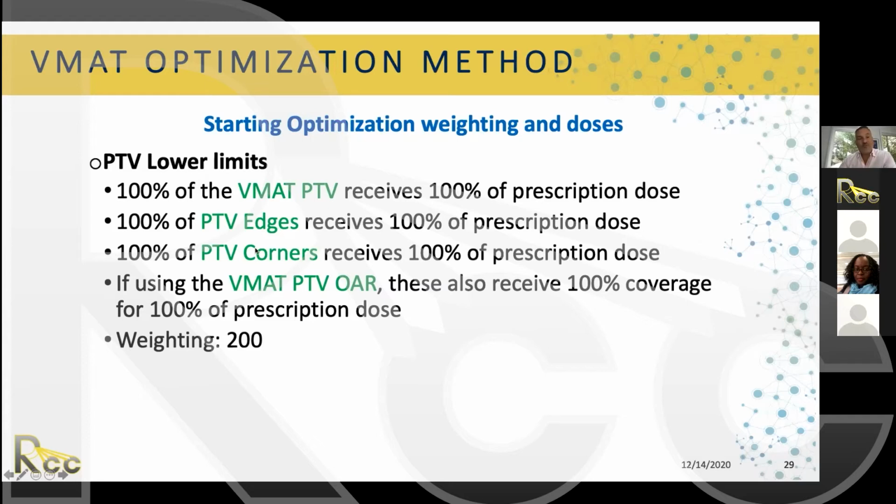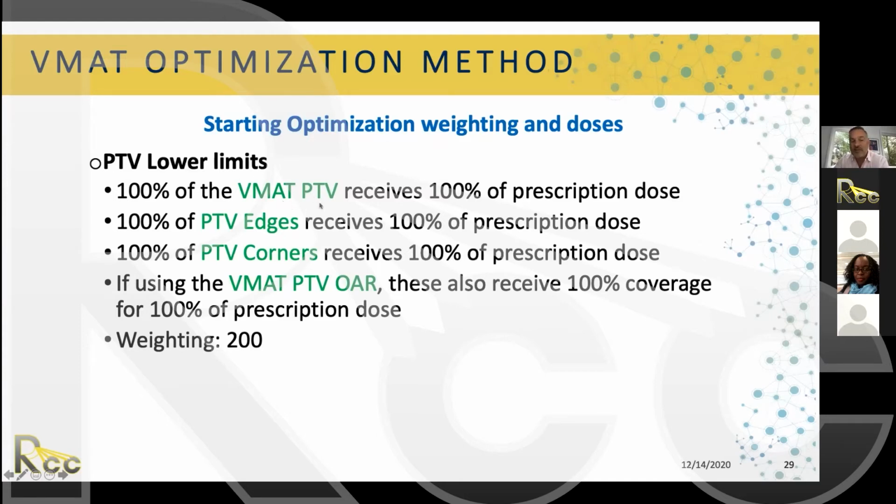First of all, you want to see if your beam arrangement, or arc arrangement, makes sense and if you can cover the PTVs without actually doing anything to the ORs yet. If you have good coverage from the beginning, that tells you okay, now I'm going to start putting in the ORs subsequently, because you know the coverage is going to start going down. But at the beginning you want to achieve good coverage of the PTV.